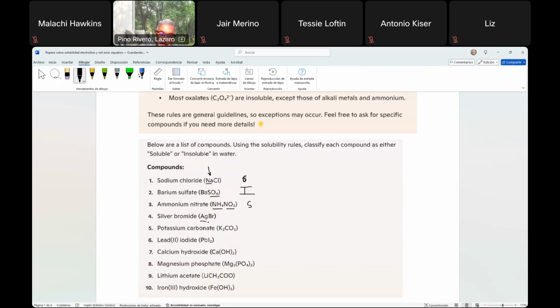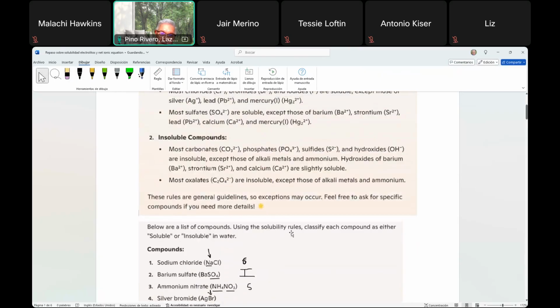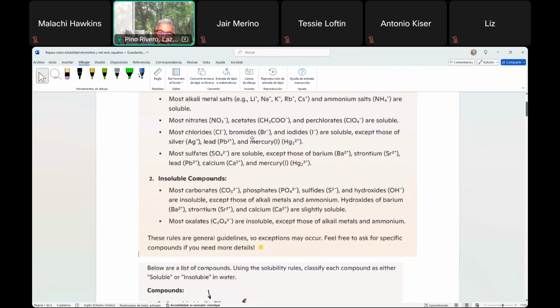Every time you have silver, what happens? And the second one is iodide, bromide, chloride. What happens with these? Okay, look at this. Chlorides, bromides, iodides are soluble, except for silver, lead 2, and mercury 1.